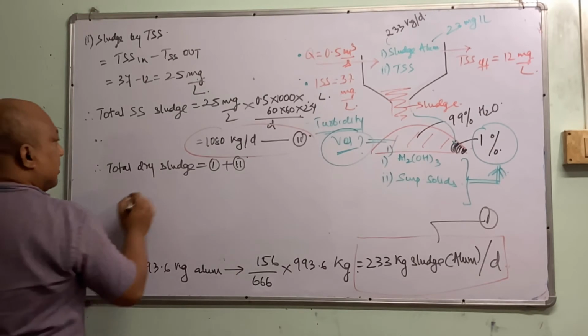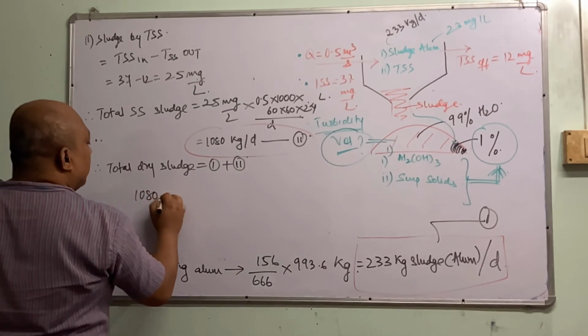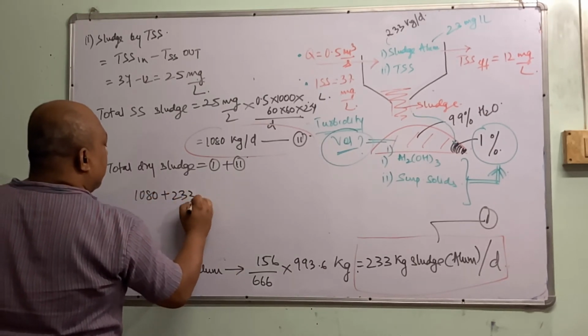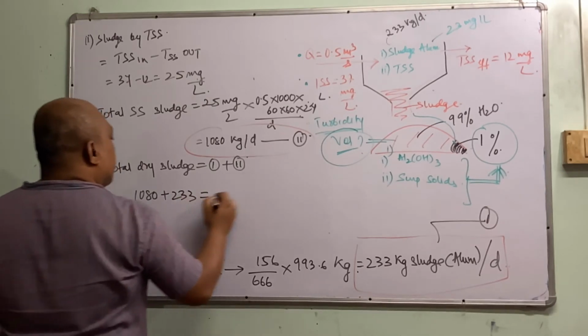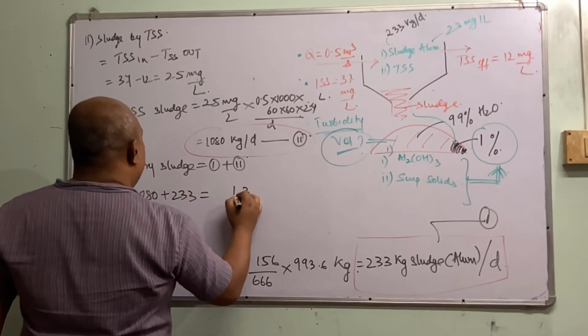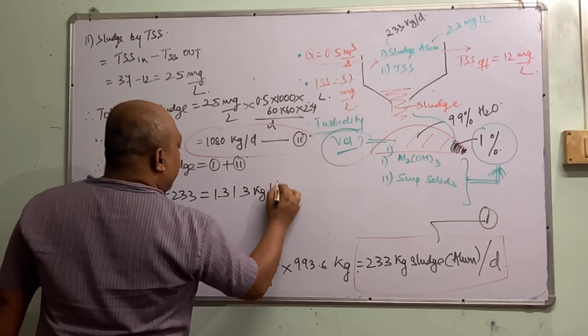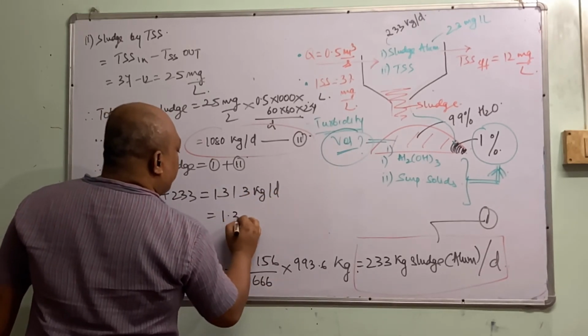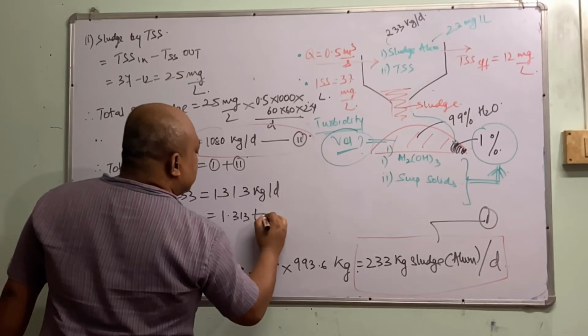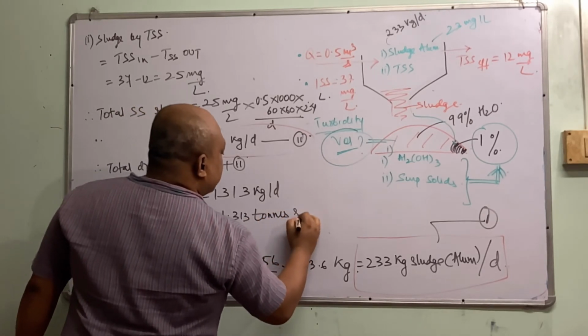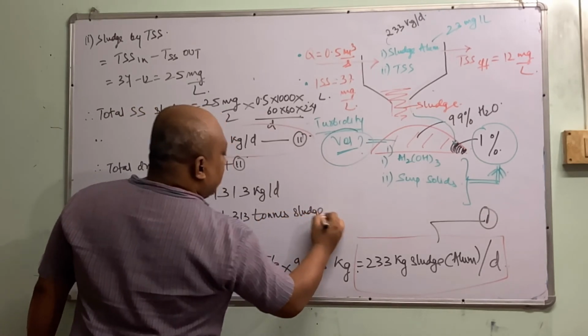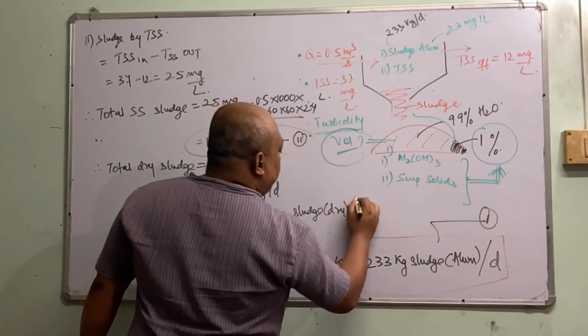That is 1080 plus 233, which is about 1313 kg per day, or 1.313 tons of dry sludge per day.